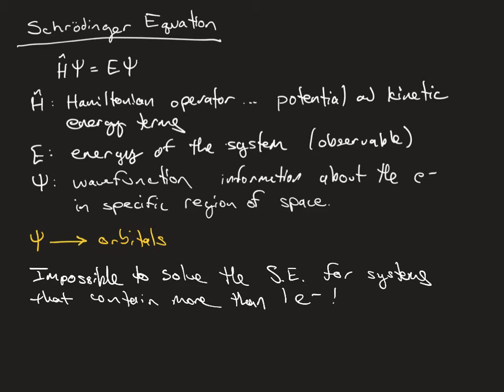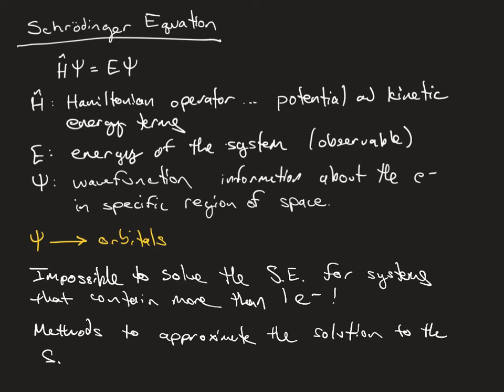So essentially, for every system that's chemically interesting, it's impossible to solve the Schrodinger equation exactly. Therefore, a number of approximate methods have been developed to approximate the solution to the Schrodinger equation.